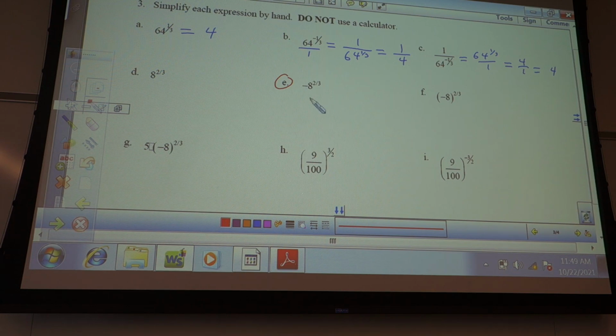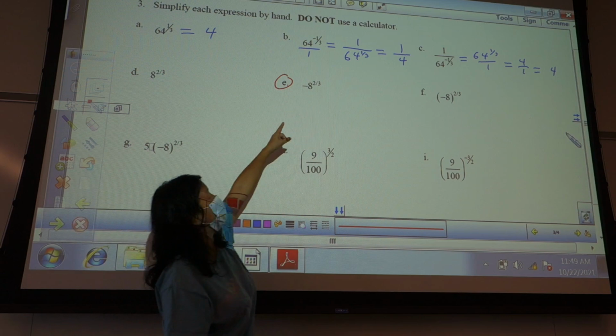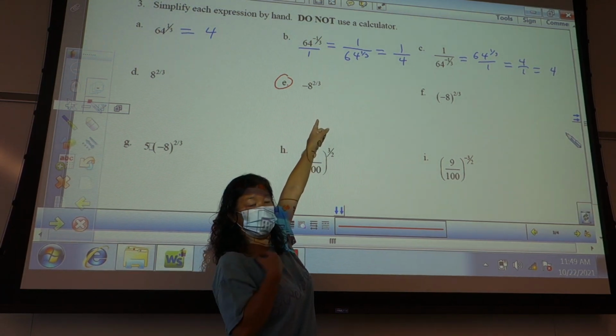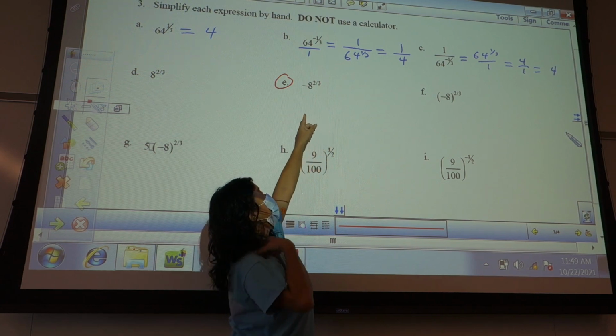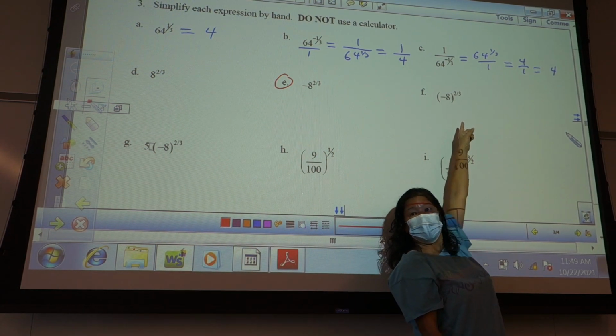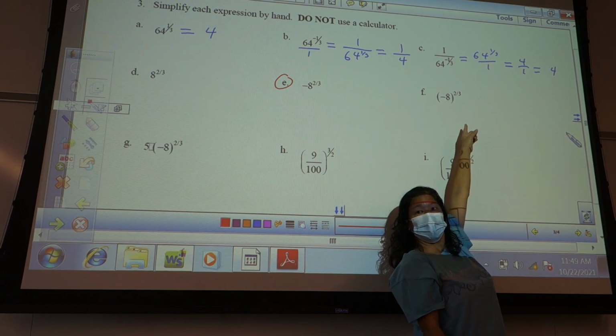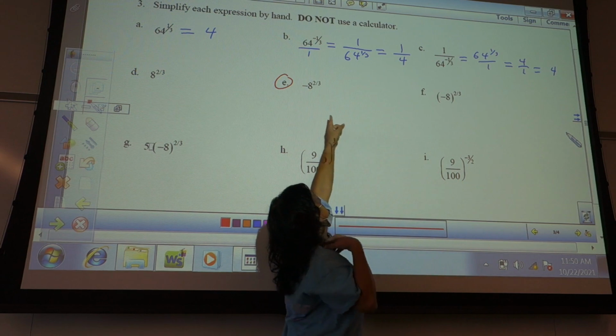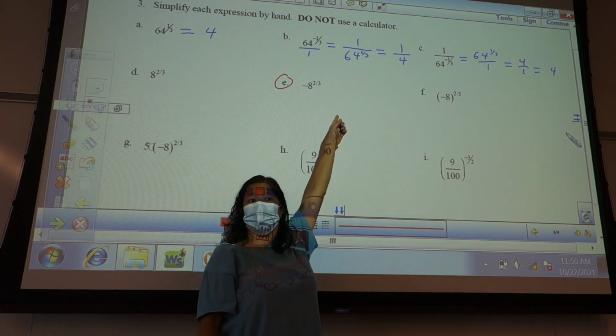All right, so this is not a negative exponent. It's a negative 8. It's not the same thing. What's being raised to the exponent? The negative 8 or just the 8? Just the 8. This is negative 8 to the 2/3 with parentheses around it. This is just the 8. Only the 8 is being raised to the 2/3.